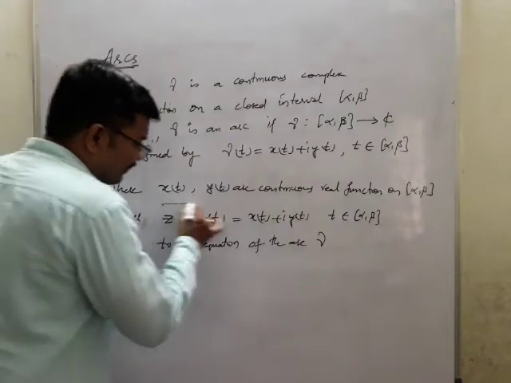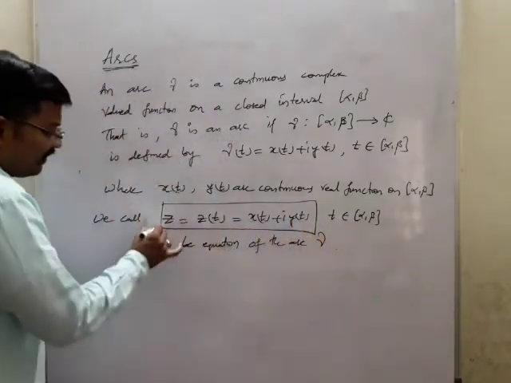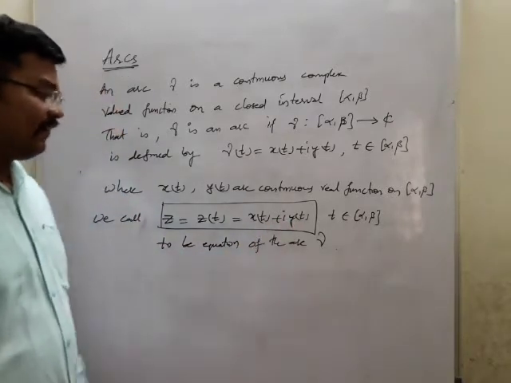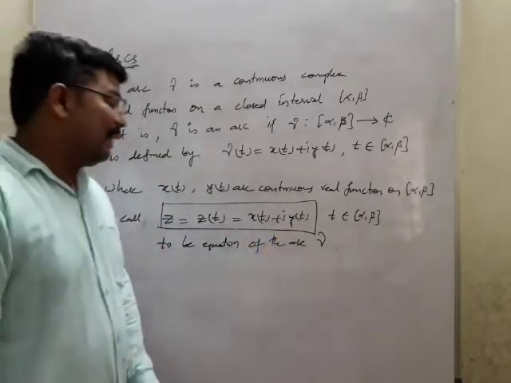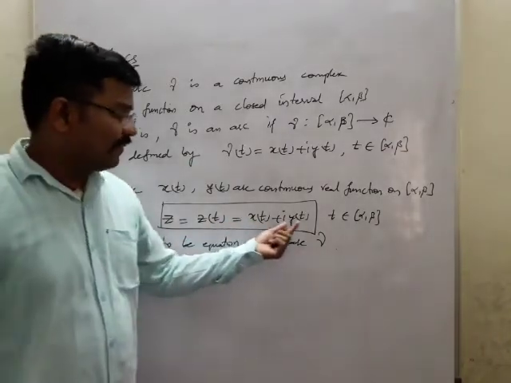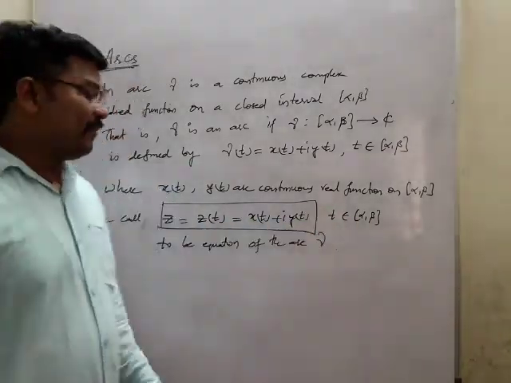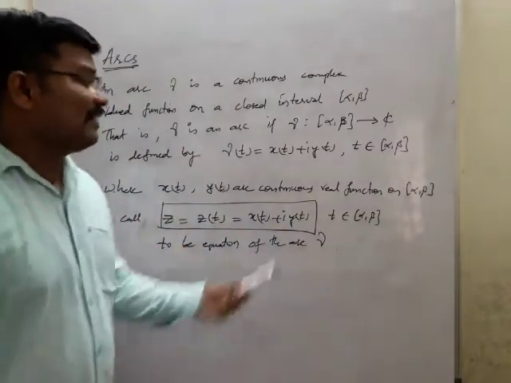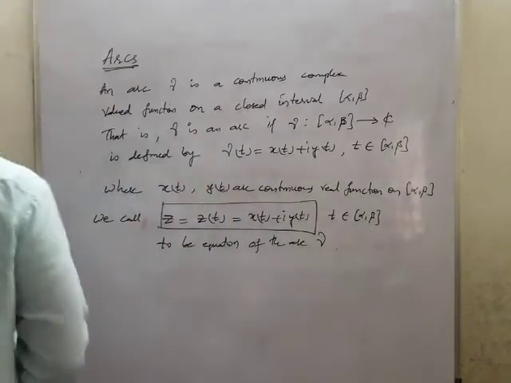Now this also can be taken as the equation of the arc. So z of t is x of t plus i y of t, where t belongs to alpha comma beta, and x of t and y of t should be continuous real functions on alpha comma beta.